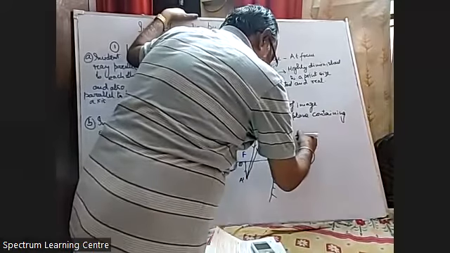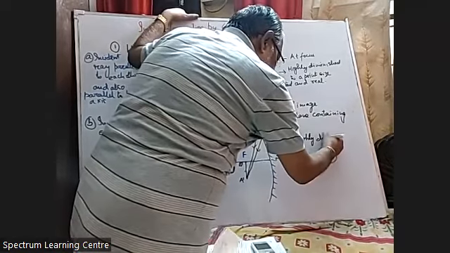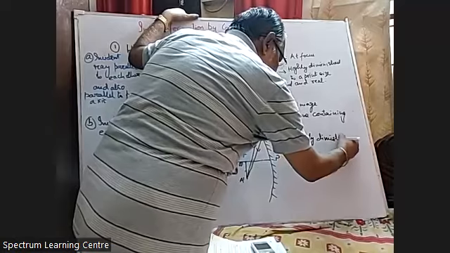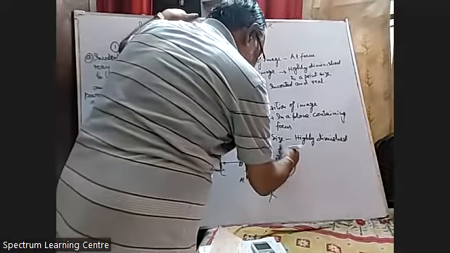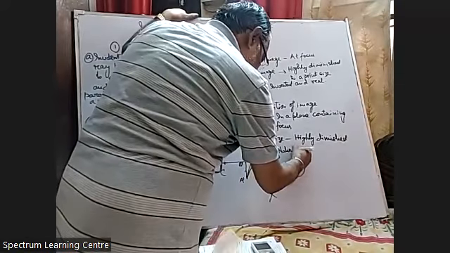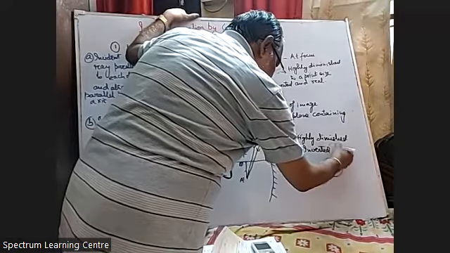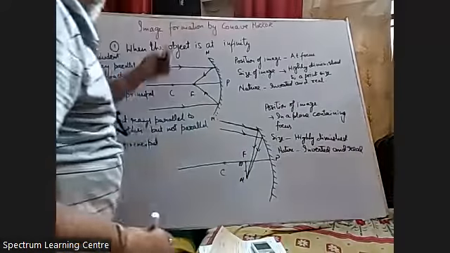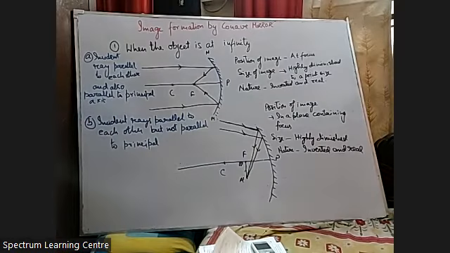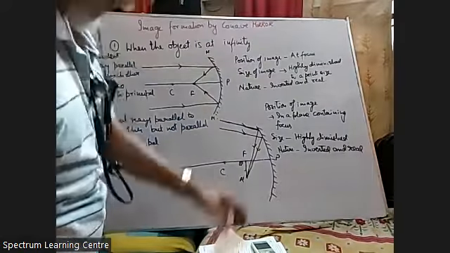It is highly diminished, only highly diminished. Nature: inverted and real. So this is the case 1, when object is at infinity.